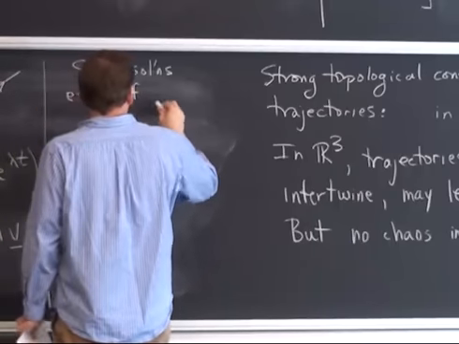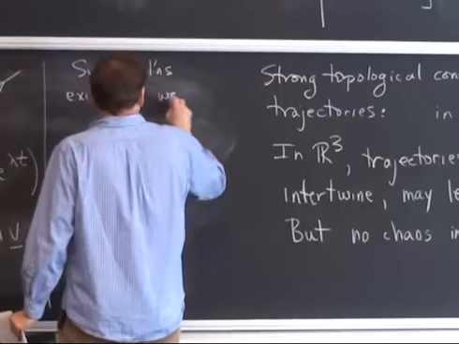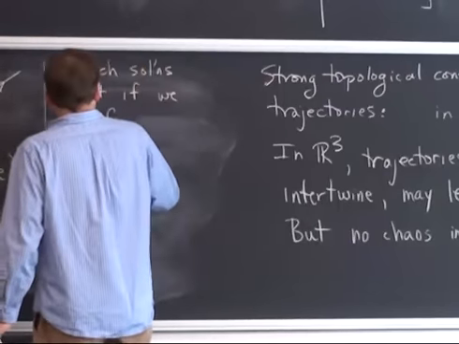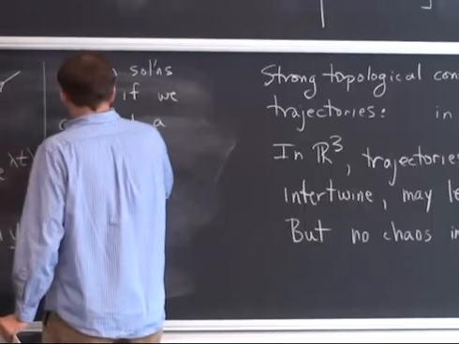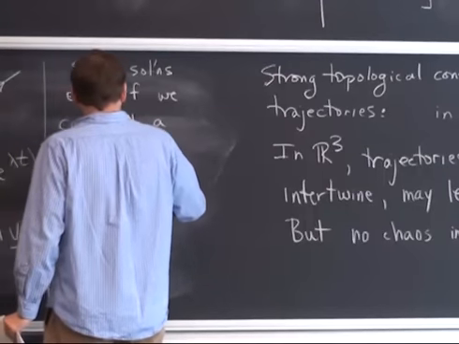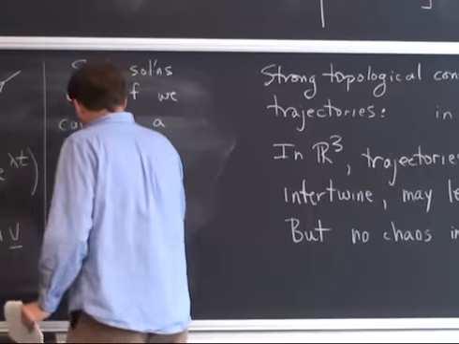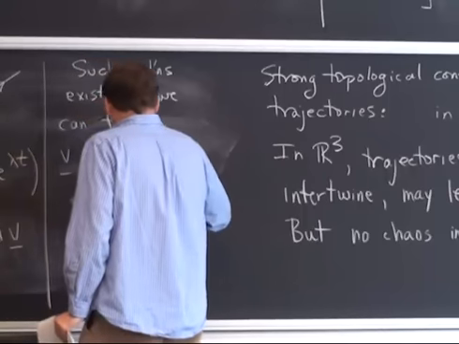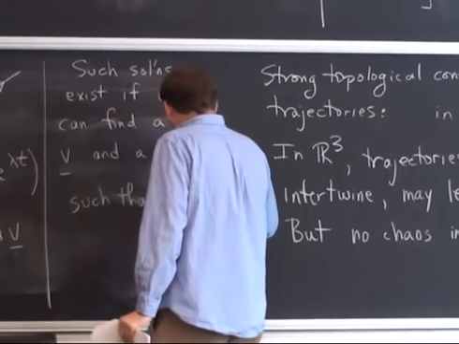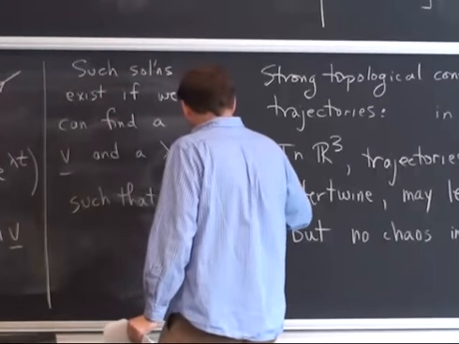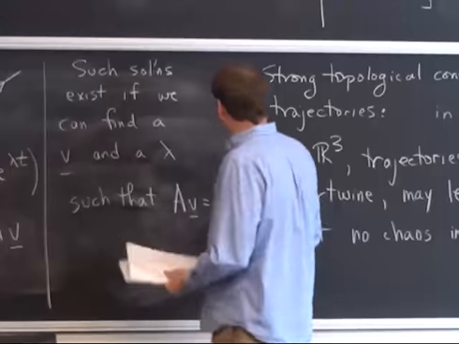So such solutions exist if we can find a v and a lambda such that A v equals lambda v.